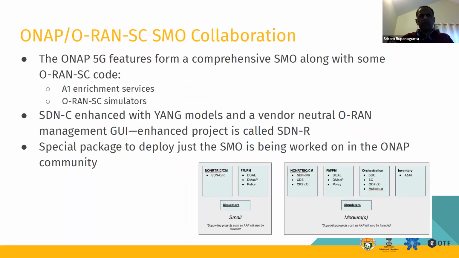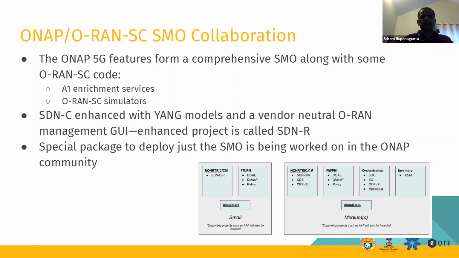So next, I just want to briefly touch upon the collaboration between ONAP and the ORAN SE community. The ORAN SE is essentially an independent software community. But there is a lot of collaboration between ONAP and the ORAN SE community, right?